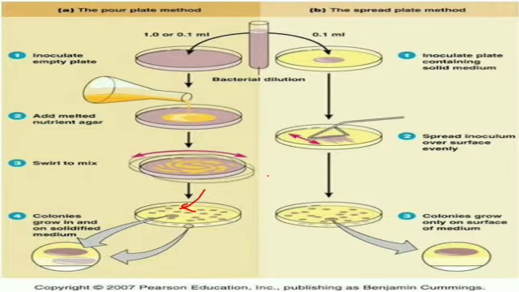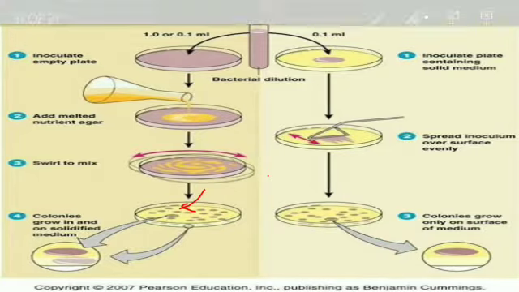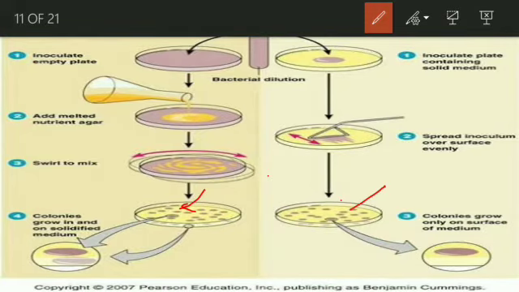That means a Petri plate where agar medium is already present, and then you spread this bacterial inoculum thoroughly onto the plate, and after 1 or 2 days this forms colonies. You can clearly observe the bacterial colonies here. This is the bacterial colony.